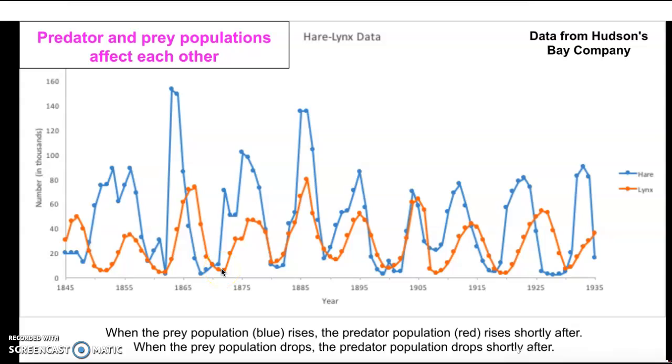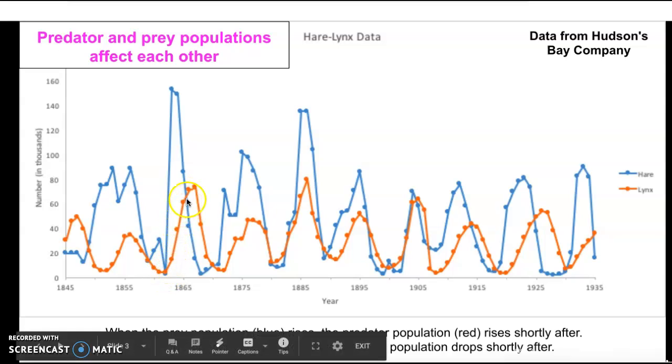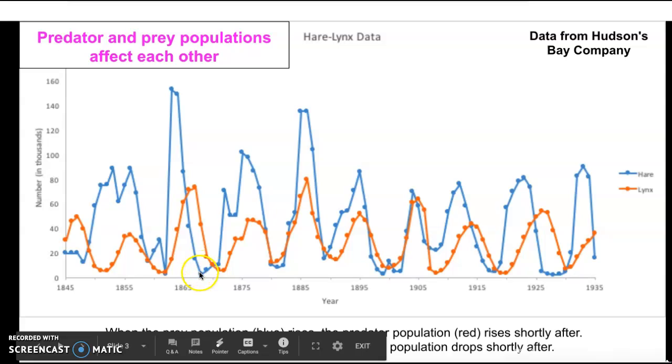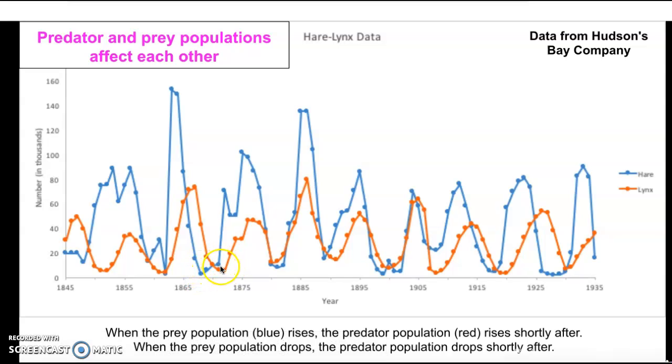But what I want you to notice is that the red graph is slightly shifted to the right compared to the blue graph. Just look at this peak right here. This red peak for the lynx happens just a couple years after the blue peak happened for the hare. And then same with the bottoms. The hare population bottomed out here, and then just a couple years after that, the lynx bottomed out.